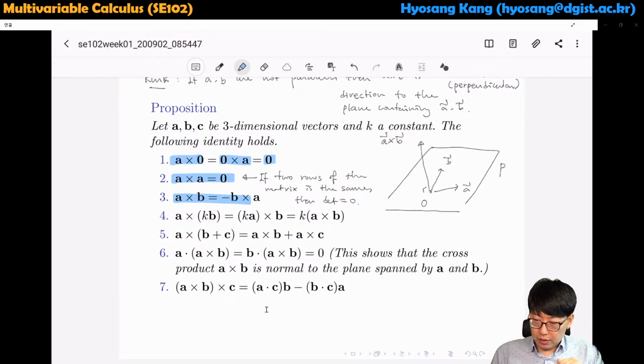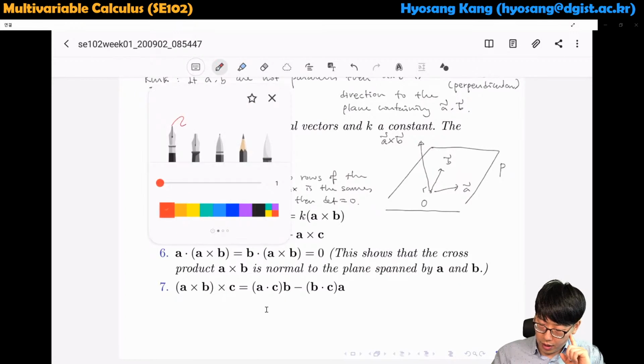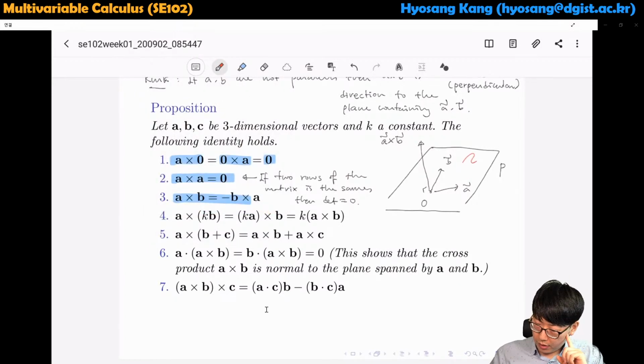You can also consider this as the right-hand rule: if you take A to B direction, let's say here is a thumb and here's a right hand. So you're sweeping A to B in this direction, and the cross product points to the same direction of where your thumb is pointing. Okay, so that's the right hand rule.